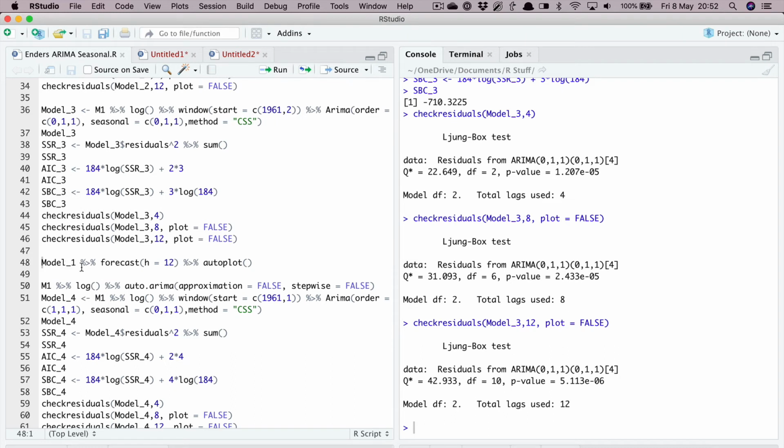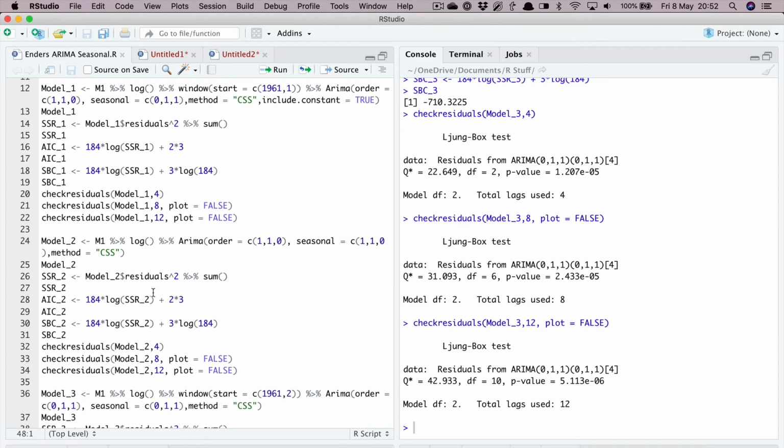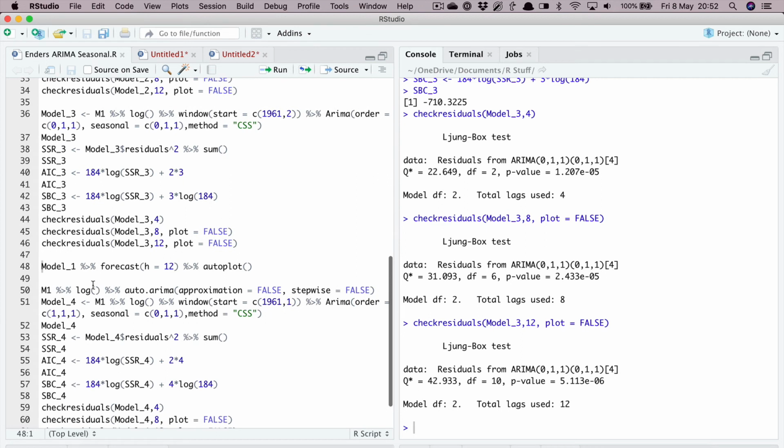So I'm taking the results of model 1, which are in this variable model_1, and then piping them into forecast, specifying that I want the next 12 periods to be forecasted, and then you simply pipe that into autoplot. These functions, forecast, autoplot, are all in the forecast package, and that, as you'll see, will generate a nice graph with the forecasts and with prediction intervals, and looks very nice. It's very easy and neat way of doing this.